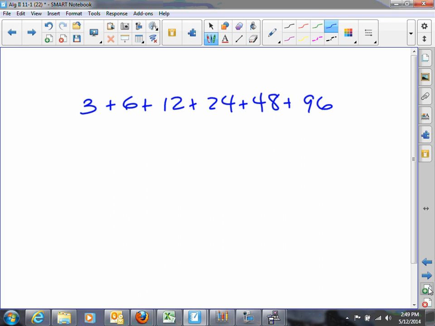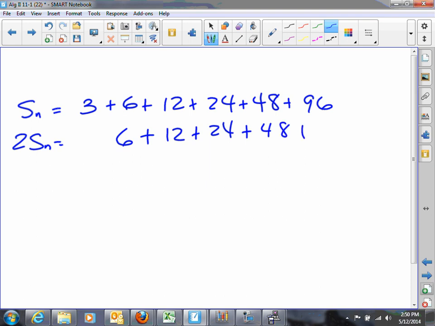But we know that this would be a sum. Now, what we could do is take the common ratio and multiply both sides of this equation by the common ratio. 2 times s sub n would be 2 times 3, that's 6, plus 2 times 6, that's 12, plus 2 times 12, that's 24, plus 2 times 24, that's 48, plus 2 times 48, that's 96, plus 2 times 96, that's 192.